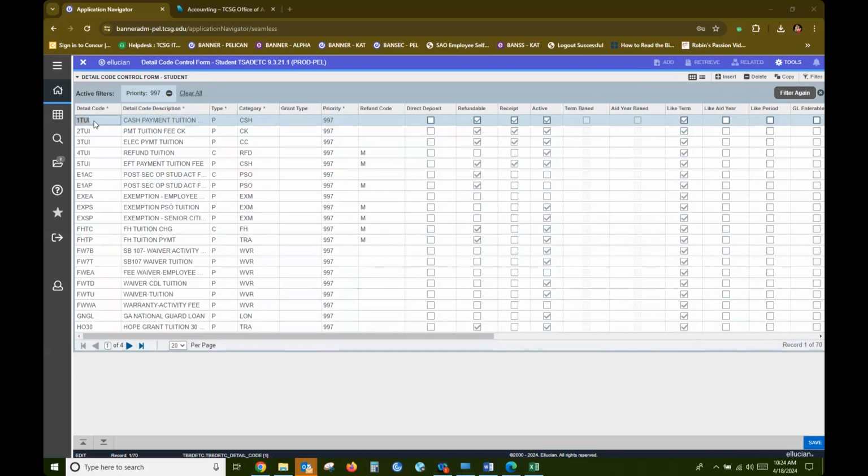Here is one TUI, two TUI, three TUI. And those payments go onto the student's account based on what they paid with. If they paid with cash, it's a one TUI. If they paid with a check, it's a two TUI. If they paid with a credit card, it's a three TUI. So that is your one-to-one relationship for tuition. It always has a matching payment.